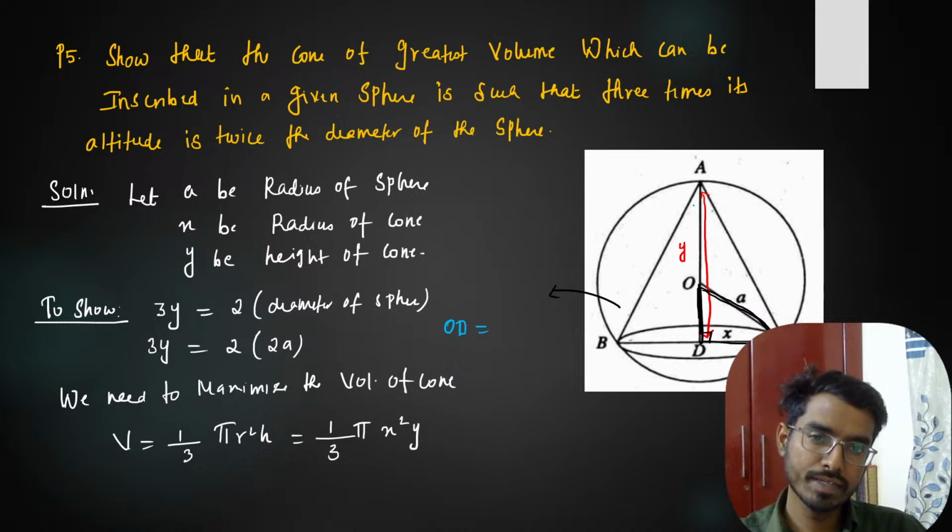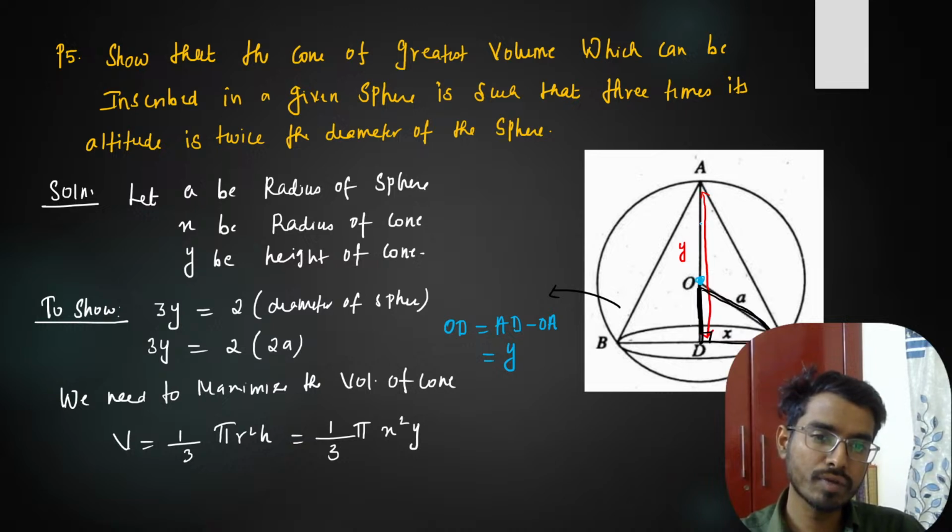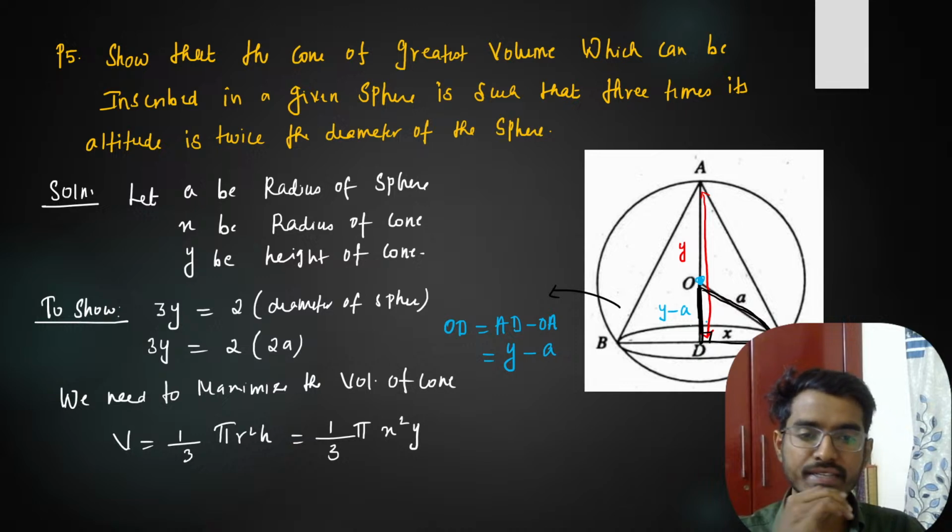Can I write OD as AD minus OA? What is AD? AD is nothing but the height of the cone. What is OA? Again, it is the radius, from the center to any point on the circumference of the sphere. That means this OD is given by y minus a, right?